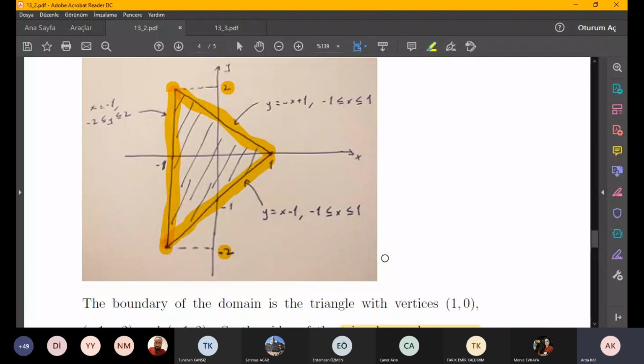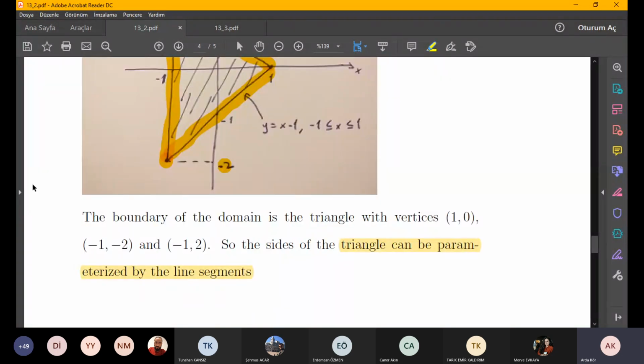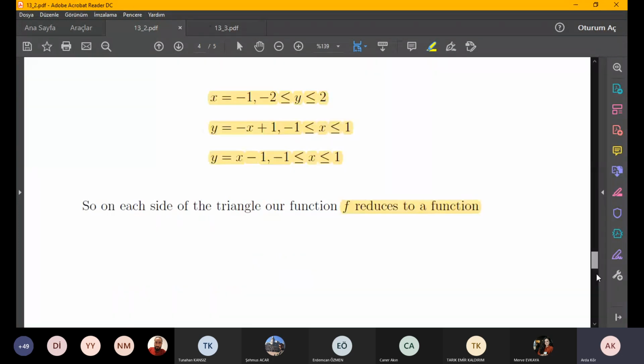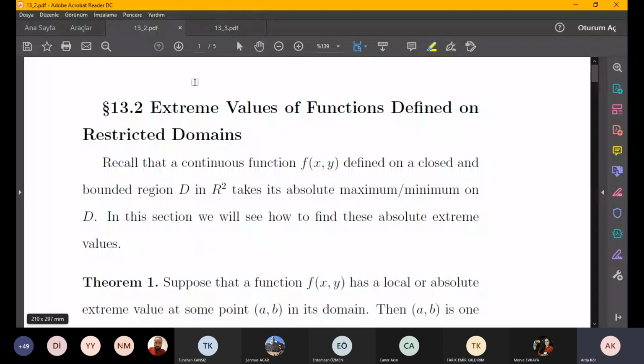So those will be the extreme values of f(x,y) on that restricted domain. This is the last example for extreme values of functions defined on restricted domains.